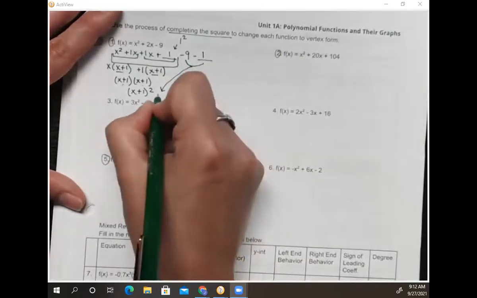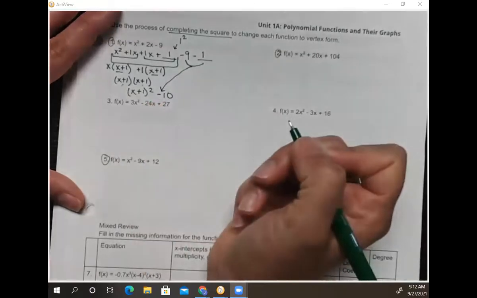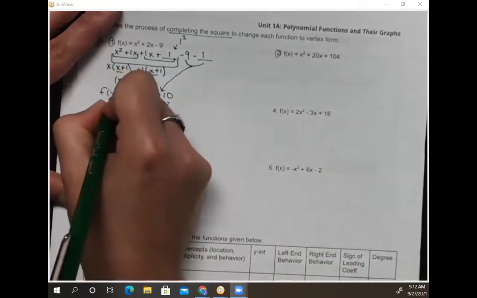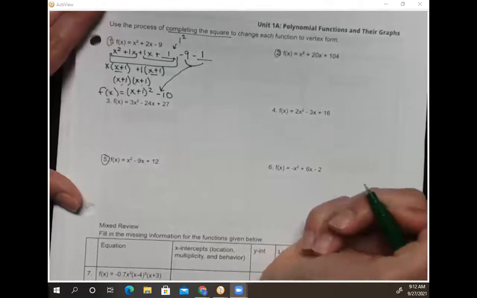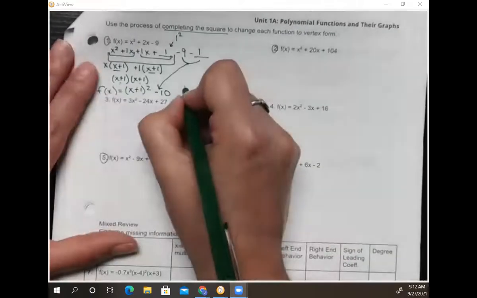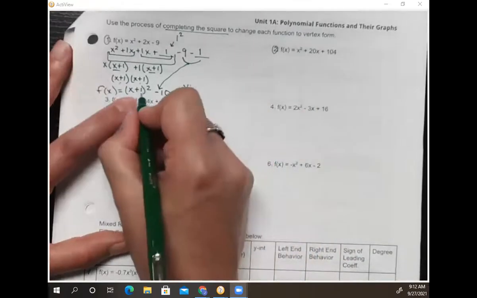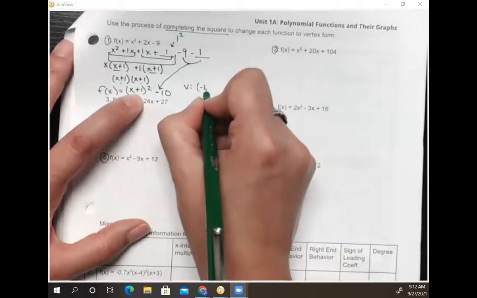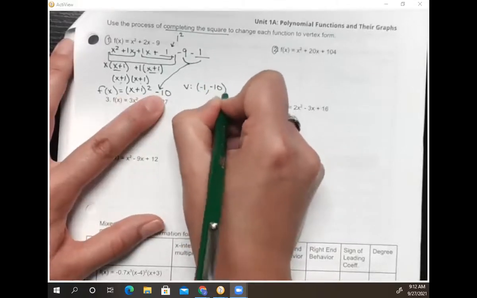So negative 9 minus 1 would be minus 10. So there's our function in vertex form. My vertex for this, it didn't ask us for this, but for this one we'll state it. My vertex for this would be negative 1, comma, negative 10.